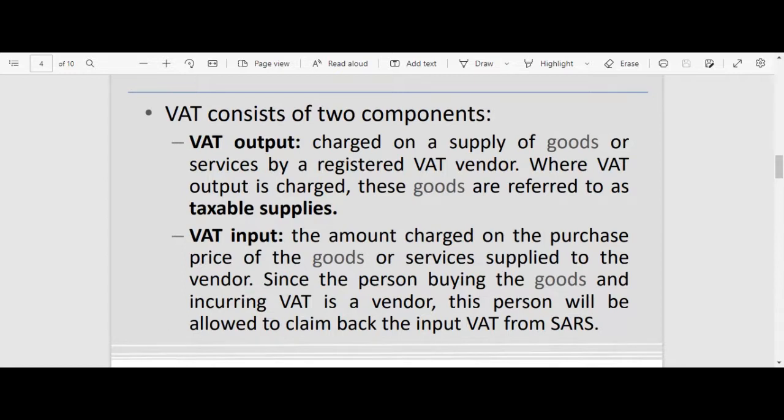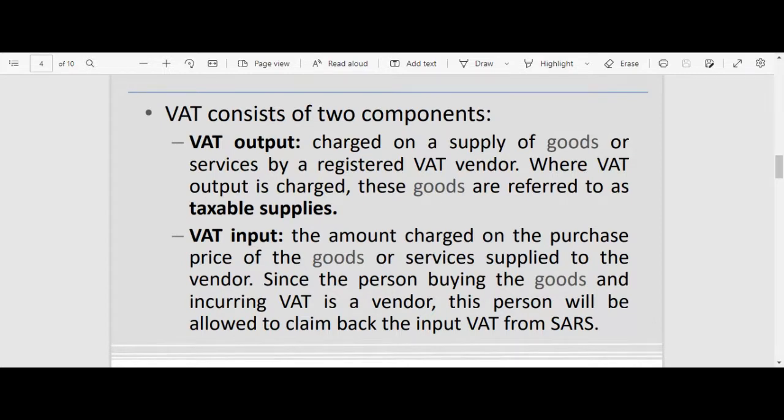At the same time, ladies and gentlemen, what I'm saying there, Pabalelo, is that if it's an exempt supply, I'll give you some examples just now. With an exempt supply, the supplier of the goods or the supplier of the service is not allowed to raise output tax on the supply.